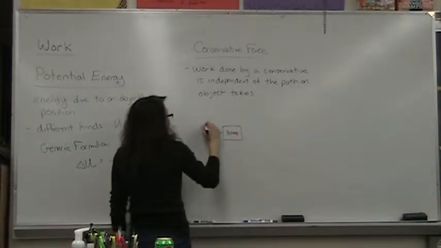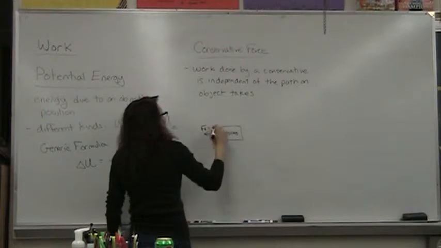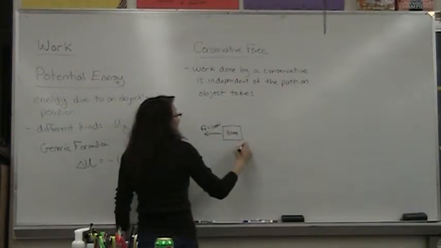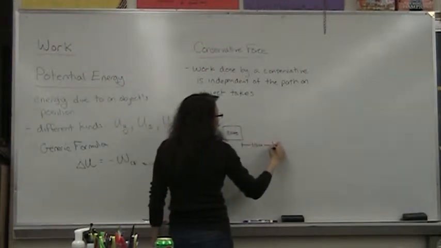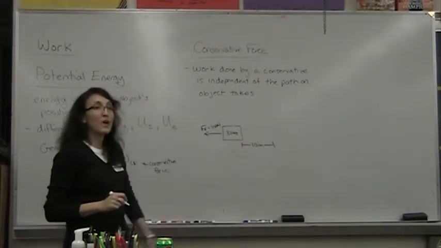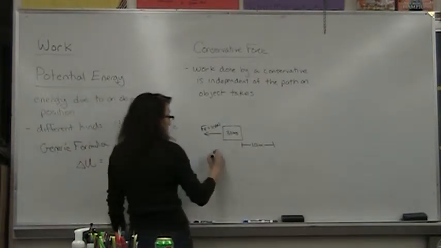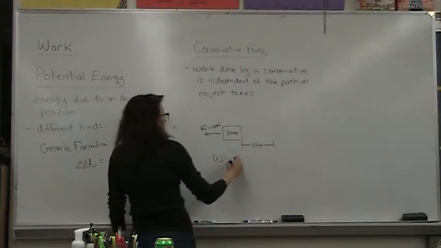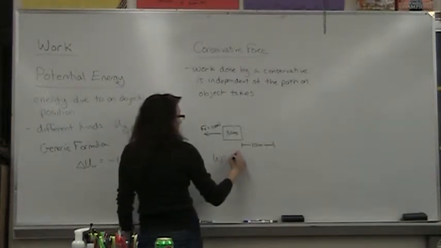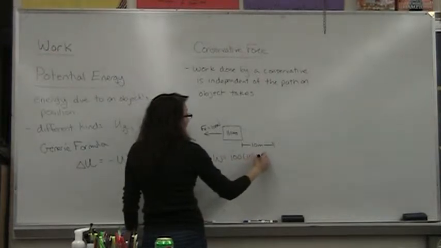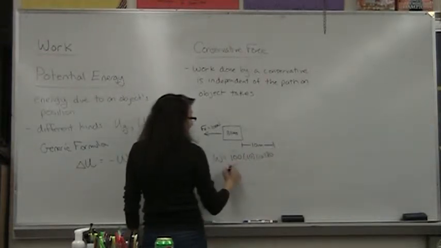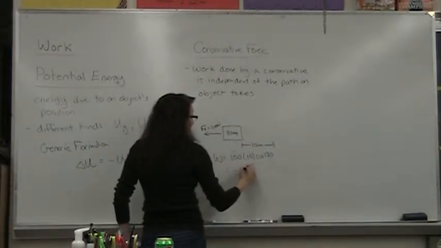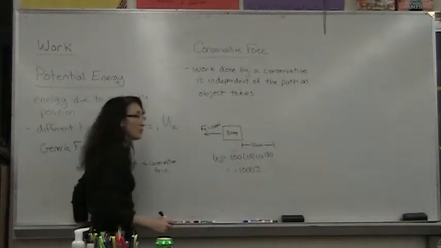Let's just make up a friction value. We'll say the friction force is 100 newtons, and I'm going to move this 10 meters to the right. How much work would friction do? 100 times 10 times the cosine of 180. So how much? Negative 1,000. Negative 1,000 joules of work.